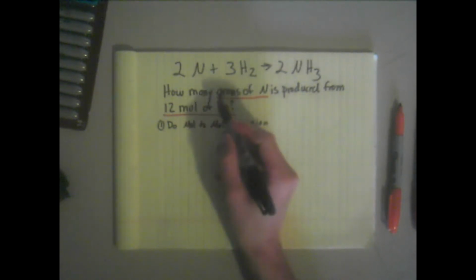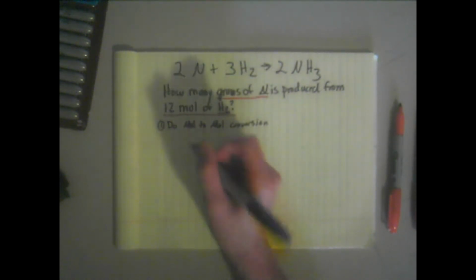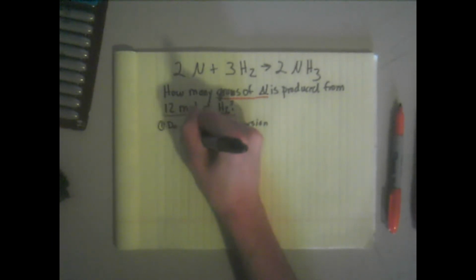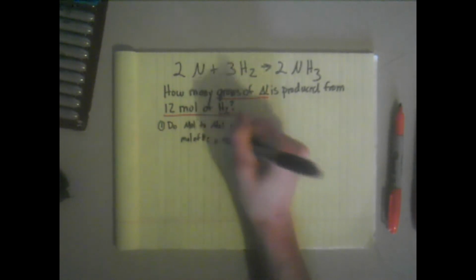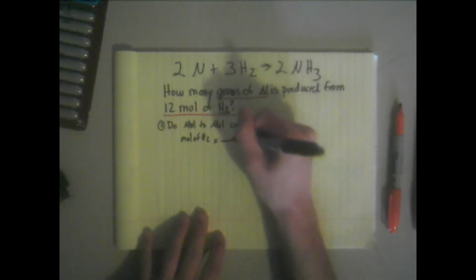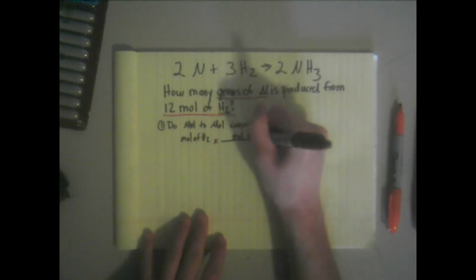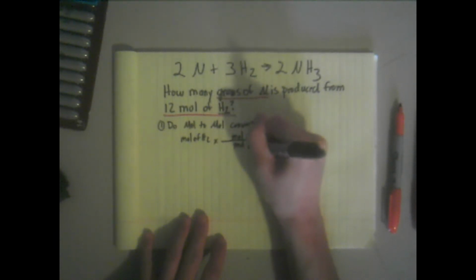Well, we're starting in H2 and we're going to N. So we're going to say moles of H2. Our conversion factor, we want our wanted over given, so we're going to put moles of nitrogen on top over moles of H2 on bottom.